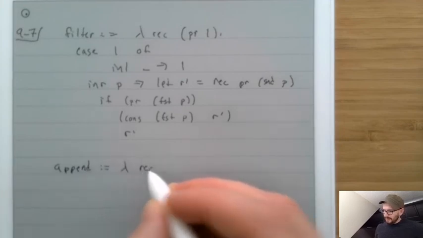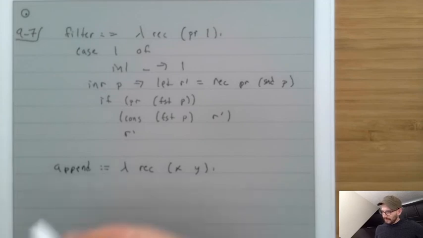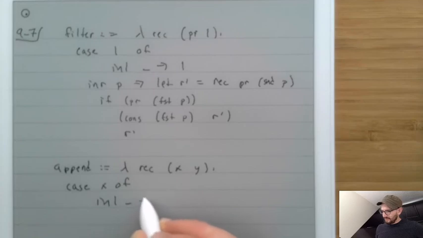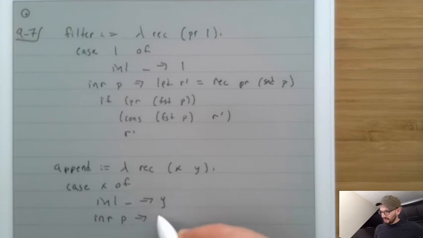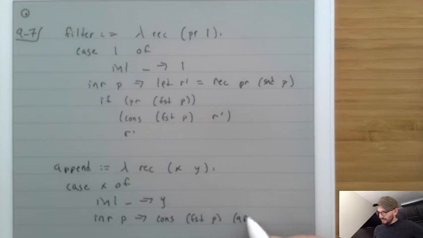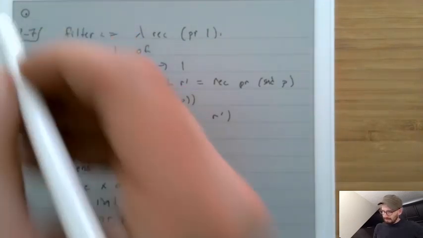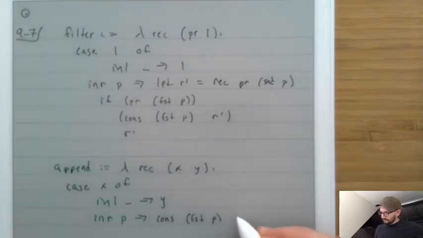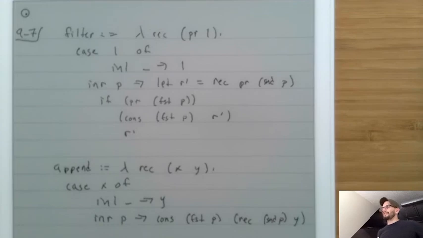So lambda rec x y, where we'll say case x of in left just goes to y, and in right p goes to a cons of the first thing in p, and then calling rec on the second thing in p, and then y. Okay, so there's tons and tons of things you can write. Our language is extremely powerful right now.